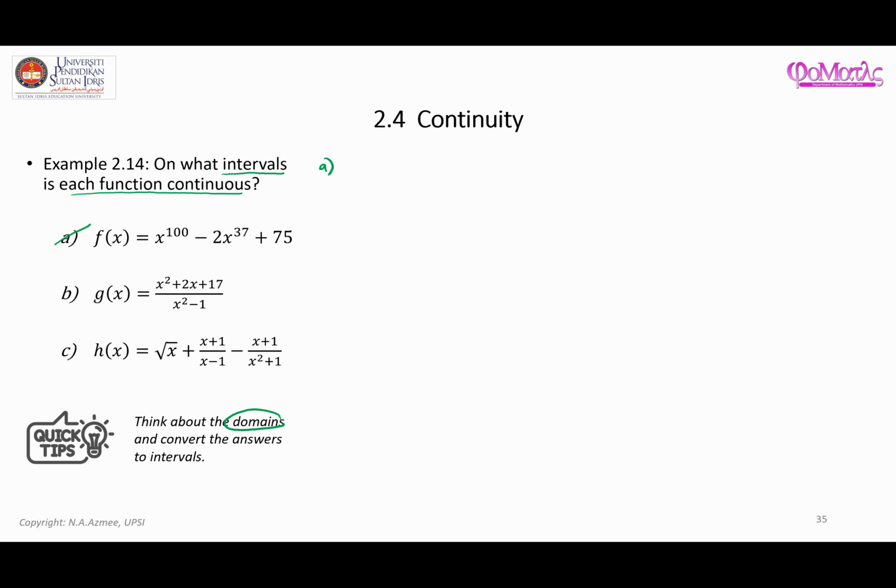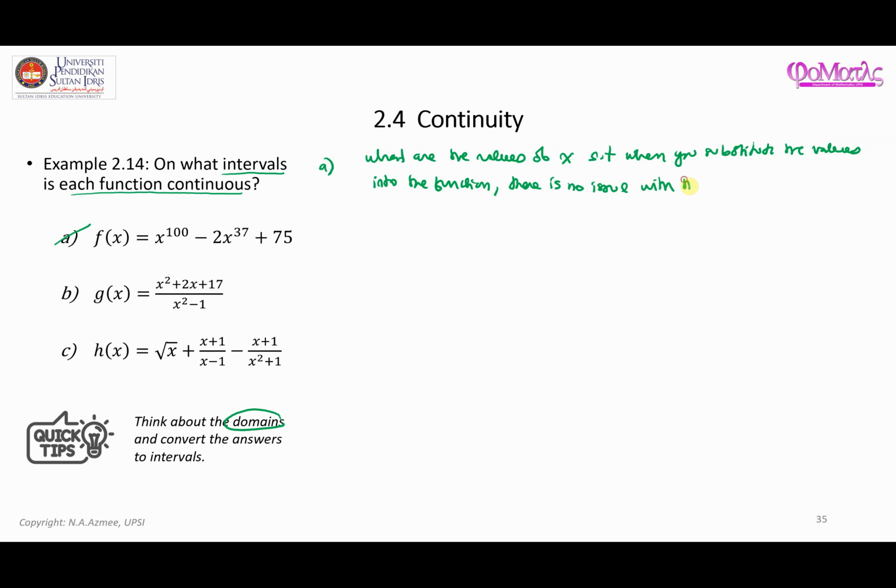When you talk about the domain, you are interested in finding the values of x such that when you substitute the values into the function, there is no problem whatsoever. There is no issue with the computation or with the calculation.